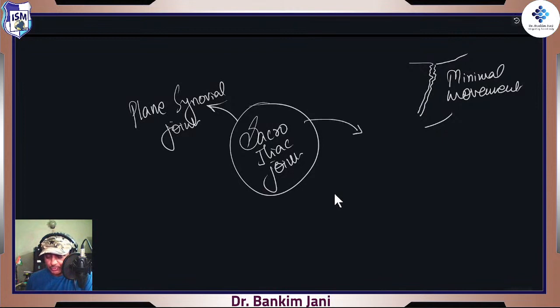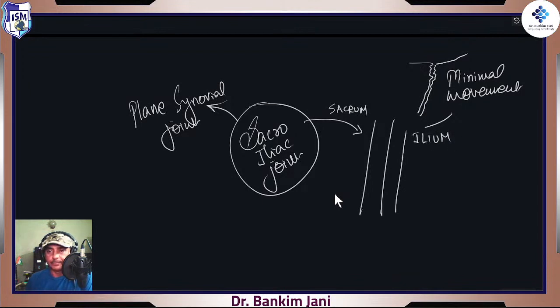Points to understand in this: if we really draw it like this, right? This side is, let's say, the sacrum, and the opposite side is the ilium, right?